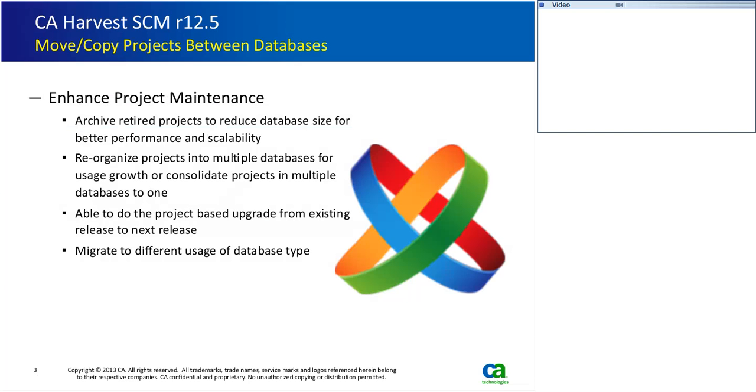One is when you need to archive your retired project. This is the new way you can move your inactive project to a different database, and reduce the current production database size to achieve better performance and scalability.